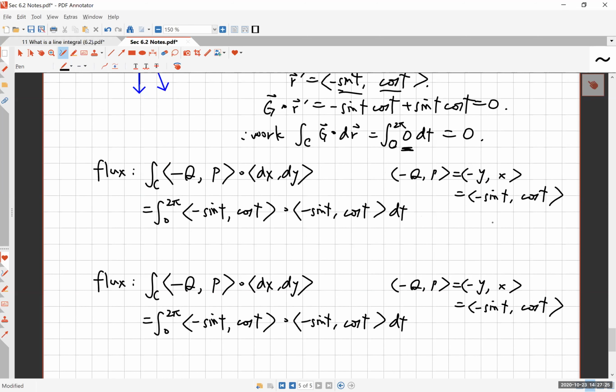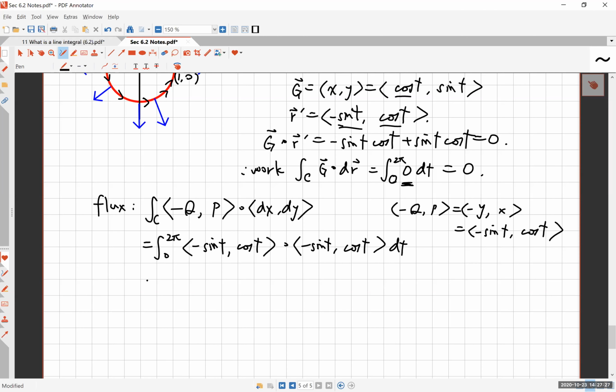This will not be 0 for a very good reason. So this will be from 0 to 2 pi, and you get negative times negative, so it's sine squared t plus cosine squared t, and then dt, and of course that is 1 at every single point, and the answer is going to be 2 pi.